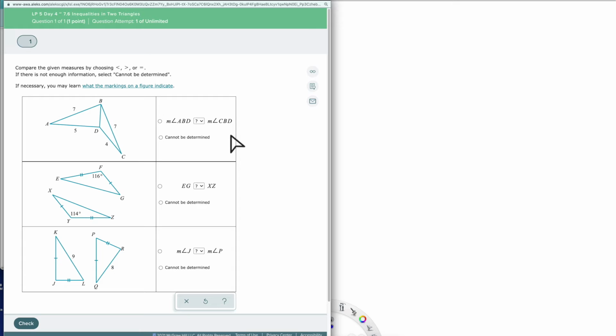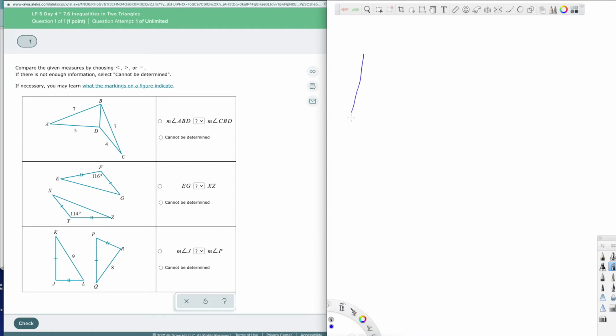All right, so let's go ahead and talk about the Hinge Theorem. We have two triangles, and we need to decide: are our angles greater than, less than, or equal to each other, are our sides greater than, less than, or equal to each other, and we can do this using the Hinge Theorem. The Hinge Theorem says that if we have two triangles like this, and they can be completely different sizes, suppose two sides of one triangle are congruent to two sides of another triangle.